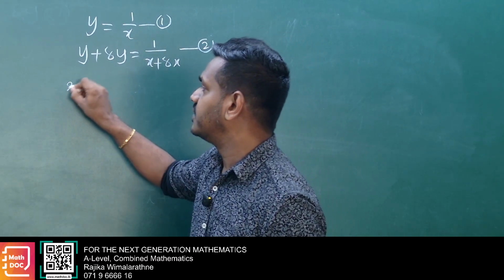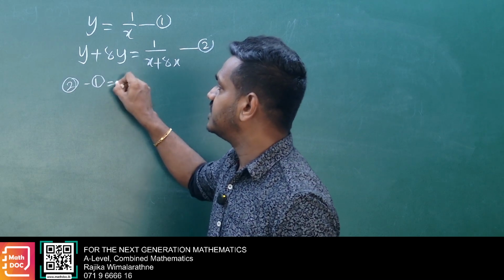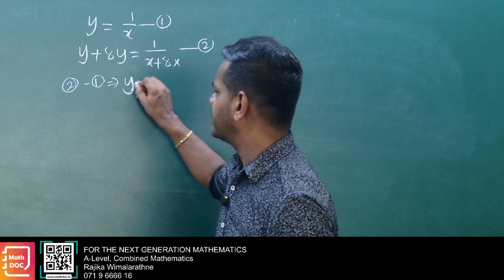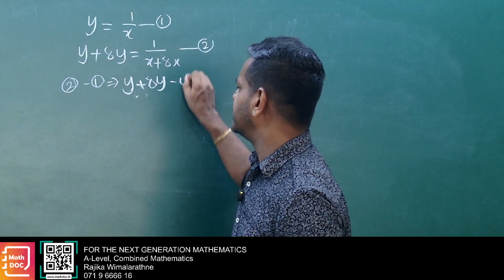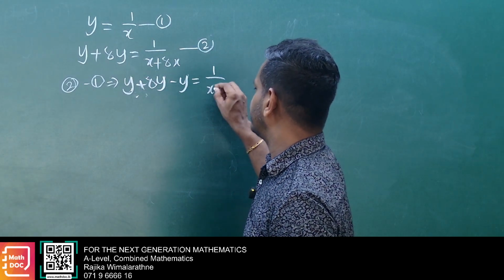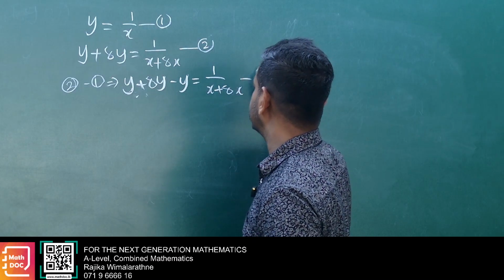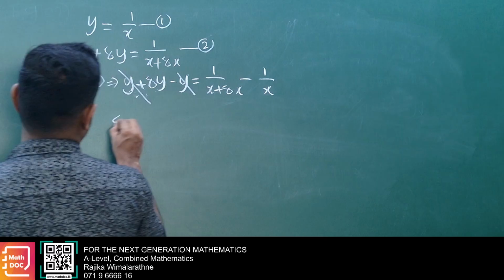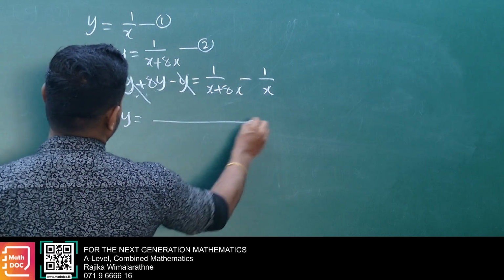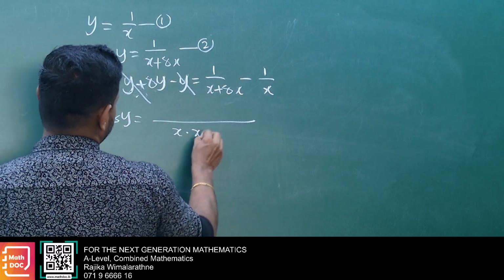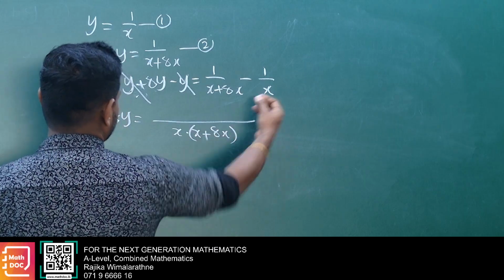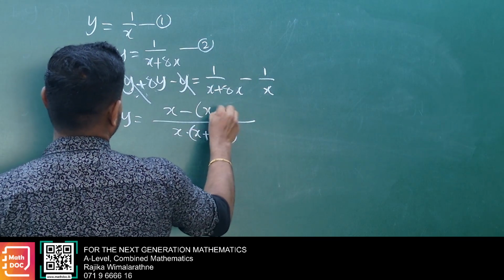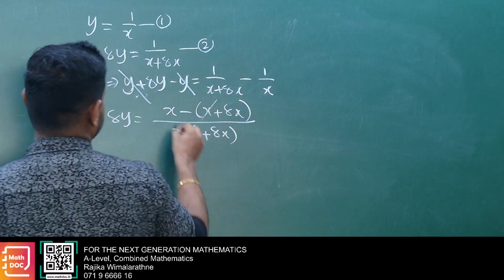Then subtract: y plus delta y minus y, 1 over x plus delta x minus 1 over x. Here delta y: get a common denominator, cross multiply, then simplify.